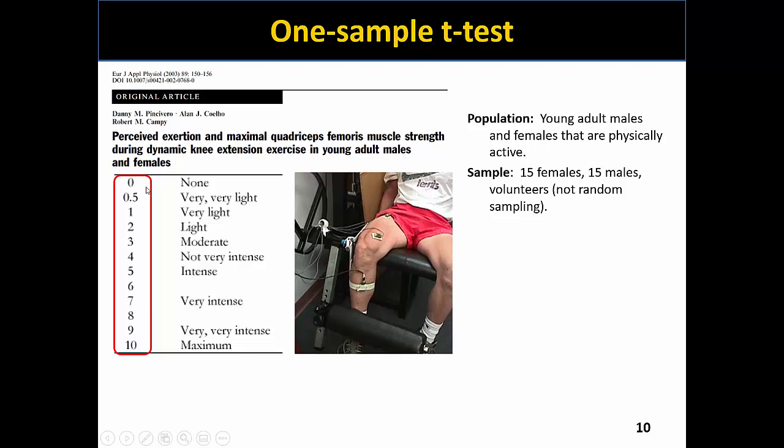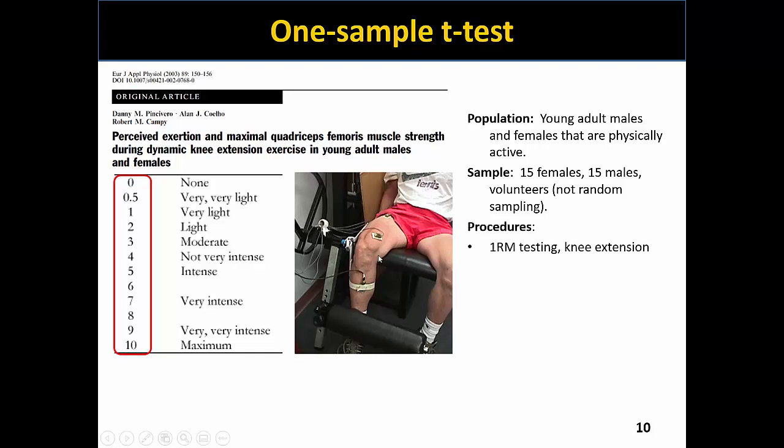We see a scale that has both numerical and verbal descriptors, where a perceived level of exertion of 0 represented no muscle contraction. A value of 1 represented the person's perception that their muscle was contracting very light. Number 5 was intense. Number 7, very intense, and so on and so forth, and they would rate a 10 as the maximum level of effort that they were exerting when lifting varying levels of weights.